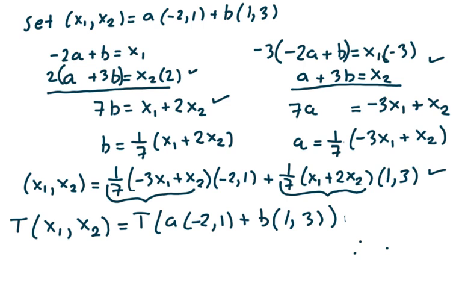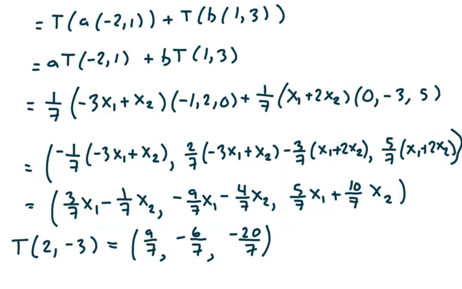But that's T of A times (-2, 1) plus B times (1, 3). But remember, T is a linear transformation. So we could write this as T of A times (-2, 1) plus T of B times (1, 3).